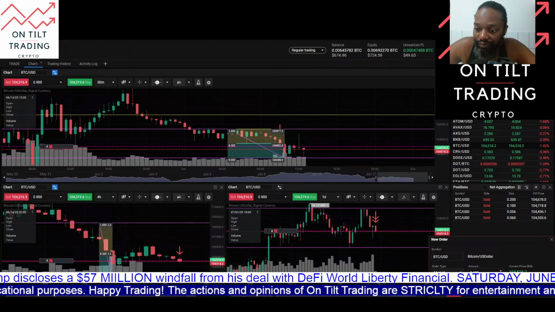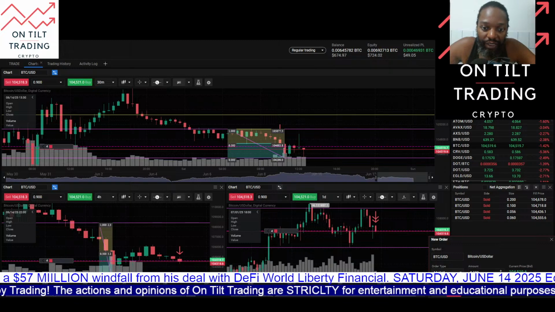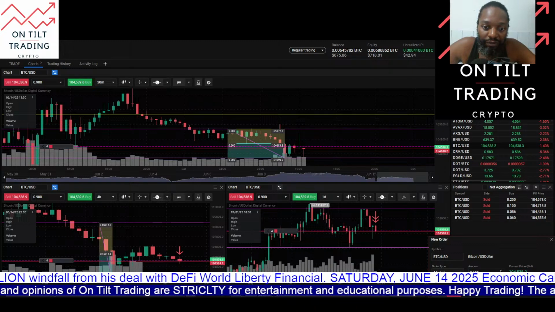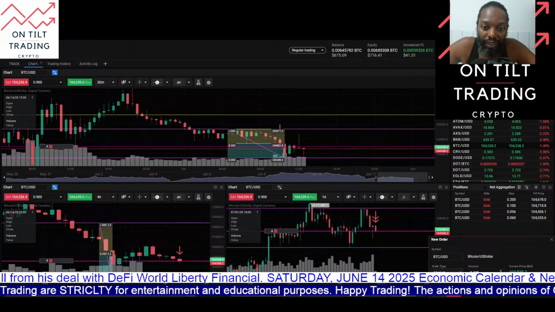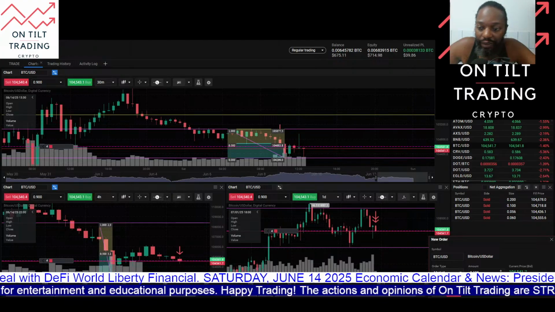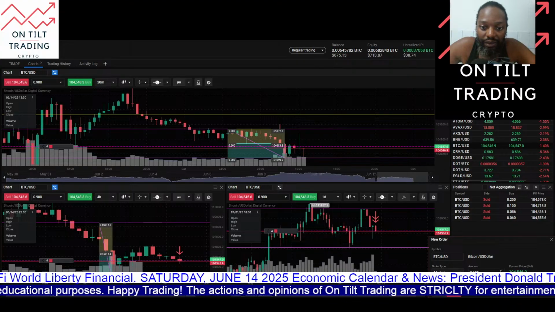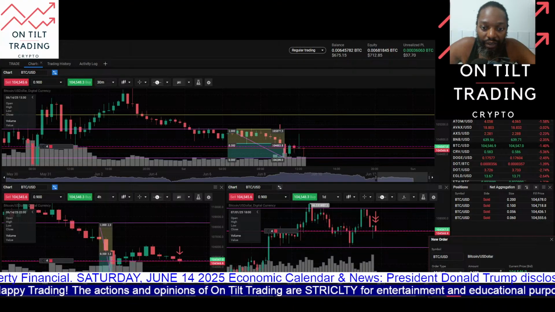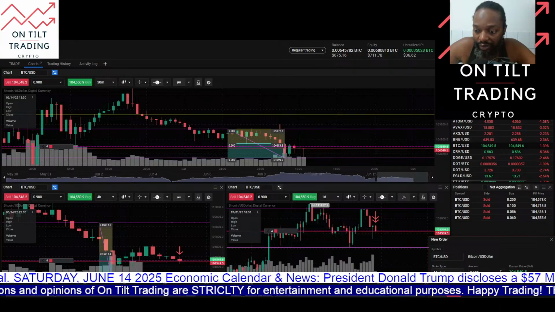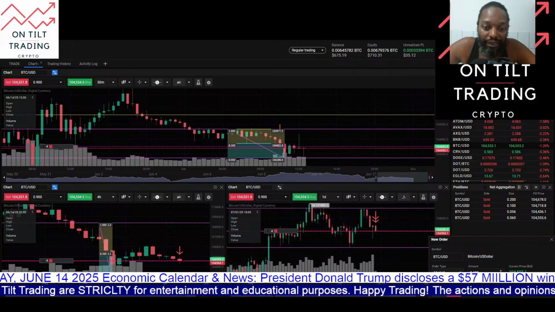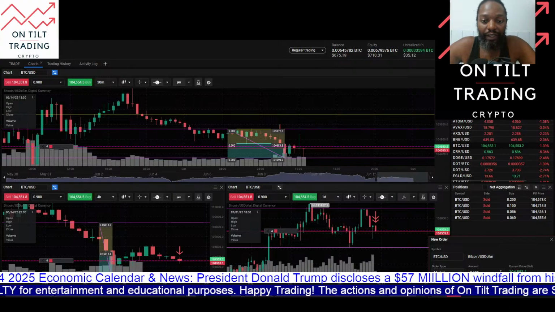There was a reaction from it, as you can see, after contact with that level. Price rose quite aggressively here, putting in this long wick, and could possibly go green here with less than 7 minutes left to go in the candle.